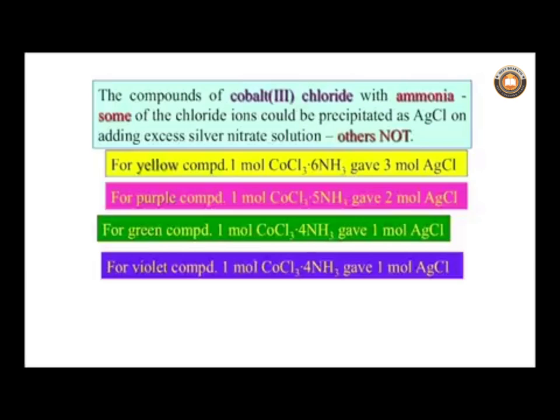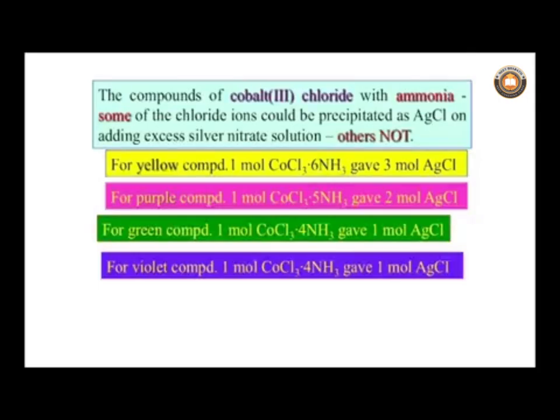We can have several compounds like this: we take cobaltic chloride, react it with ammonia, and try to crystallize it. Initially we get different solutions. How can we identify them? The most important property of these transition metal ions is utilized for this purpose, and that is the formation of different colors.